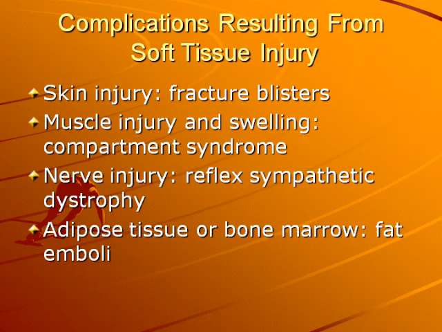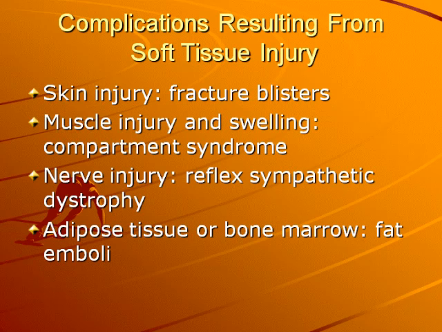Now, your bones and your muscles and nerves of an extremity are located in a muscle compartment. Whenever you have bone surgery, they have to actually enter into that muscle compartment and manipulate the actual bone. Now, with that manipulation, it can cause bleeding and trauma into the area.